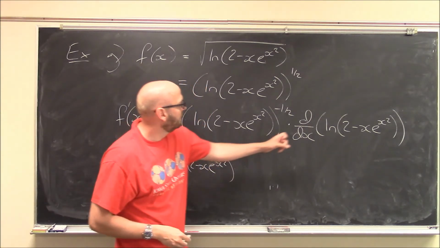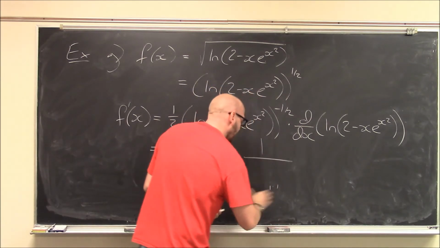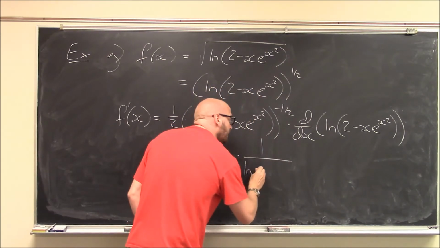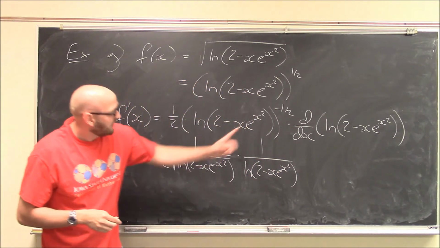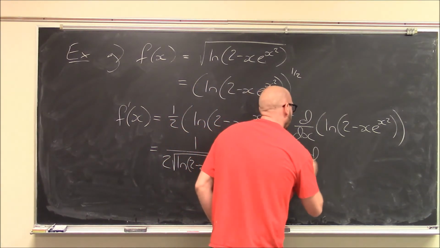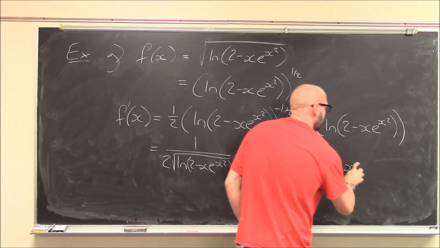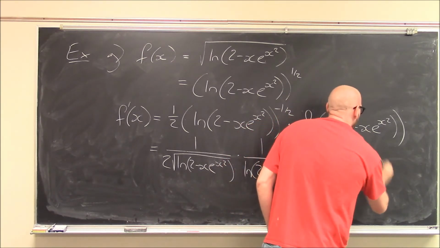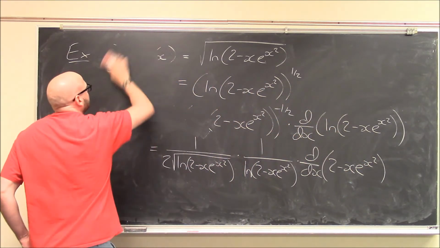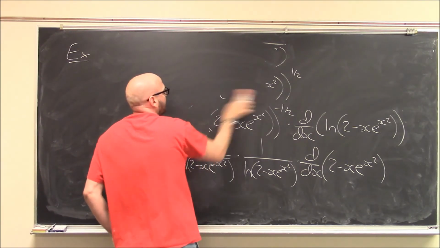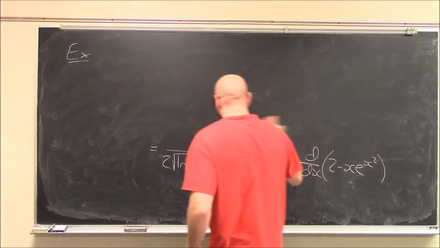So times the derivative of ln of a function, which is 1 over that function, 1 over ln of 2 minus x e to the x squared, times the derivative of the inside. Derivative of 2 minus x e to the x squared. Alright, so now we need to differentiate that.